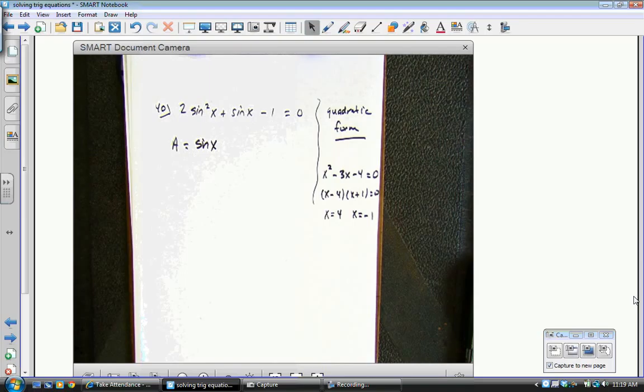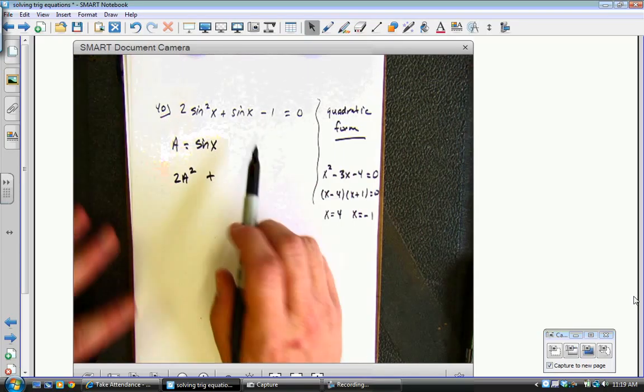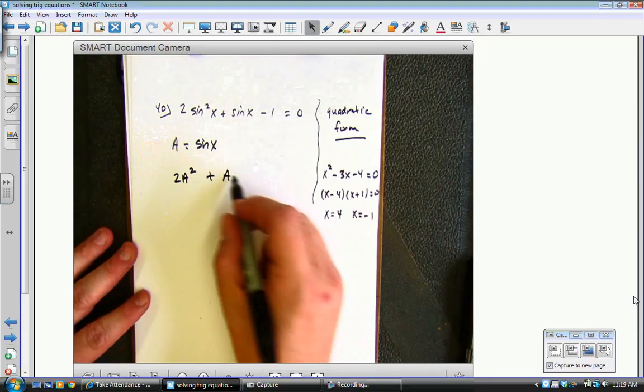What it's going to do is knock the equation down to something that's more like algebra than trigonometry. So it's going to go from trigonometric to algebraic. Yeah, so it makes me sound really smart. Now watch. If we make a equal sine x, how can we write that? That's 2a squared plus, and then this part would just be a.